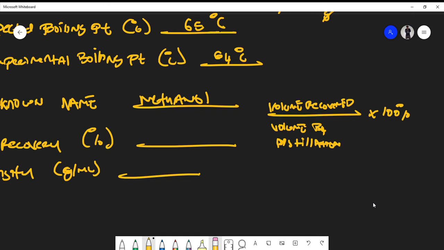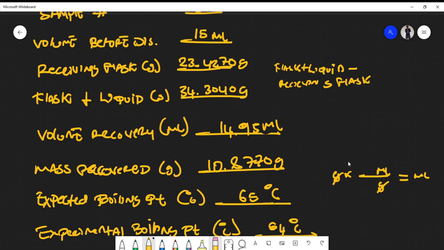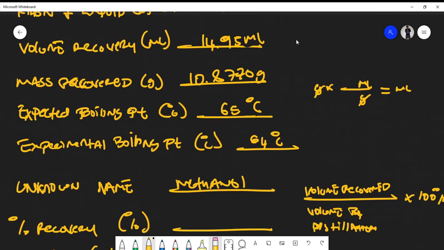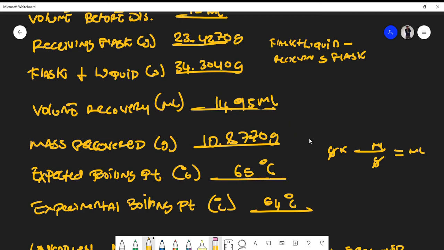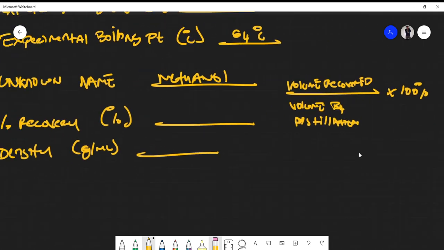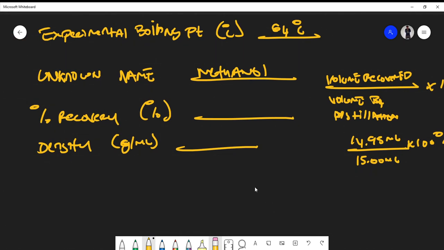Based on my notes, the volume before distillation was 15 milliliters, and the volume recovered was 14.95 milliliters. So if I take 14.95 milliliters divided by 15.00 milliliters times 100%, I get my percent recovery to be 99.67%.